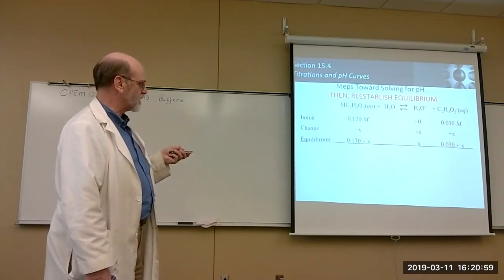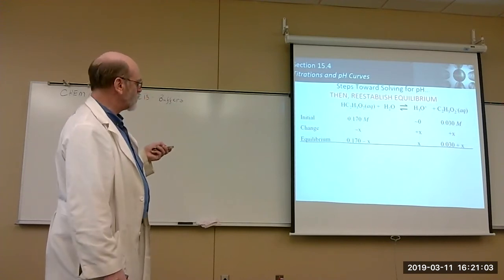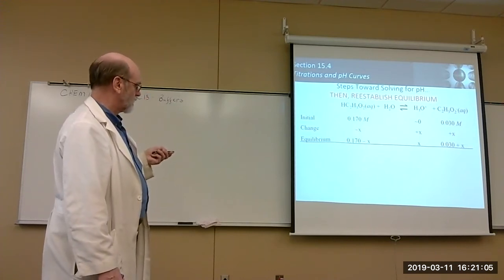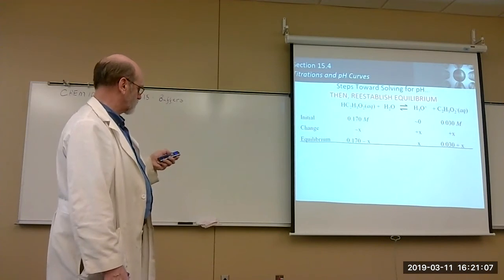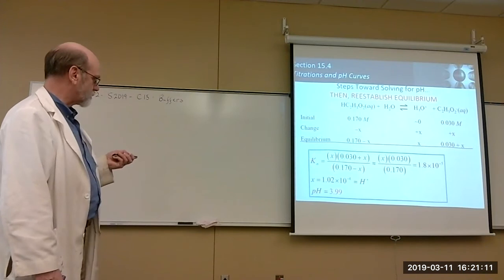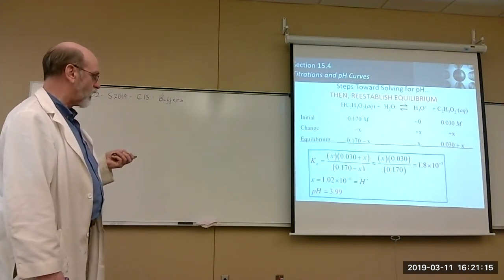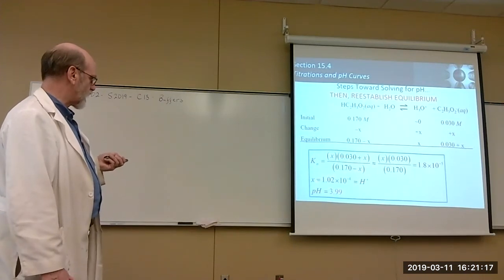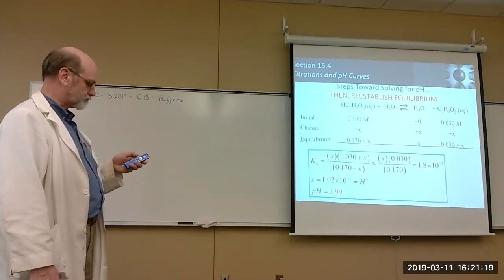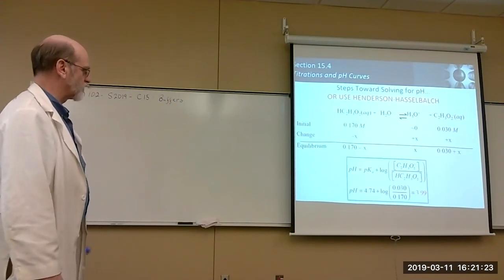So we're going to add some of this, add some of that in equal amounts. And remove some of this in an equal amount. So there's our expression. We can write our expression like that. And we would have to assume that X is very small. And then we will calculate pH as 3.99. Okay. What if we do it with Henderson-Hasselbalch?